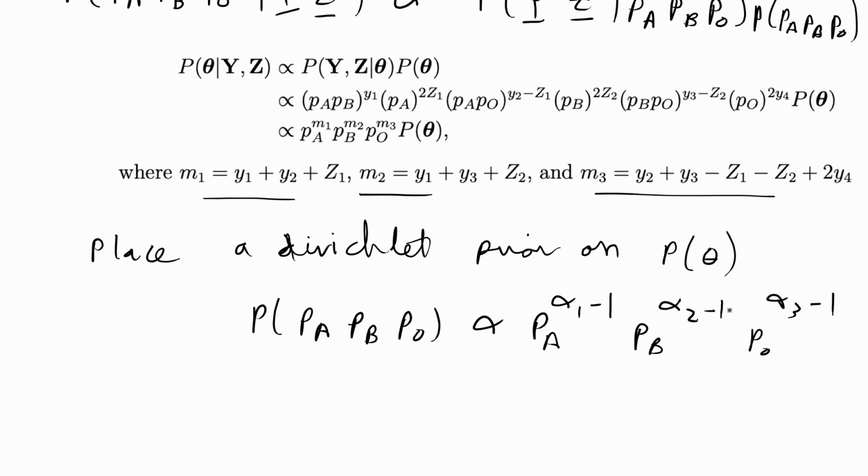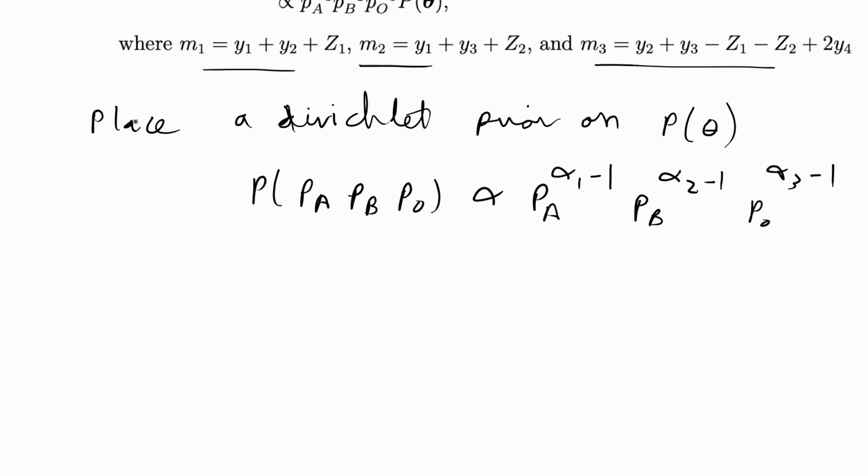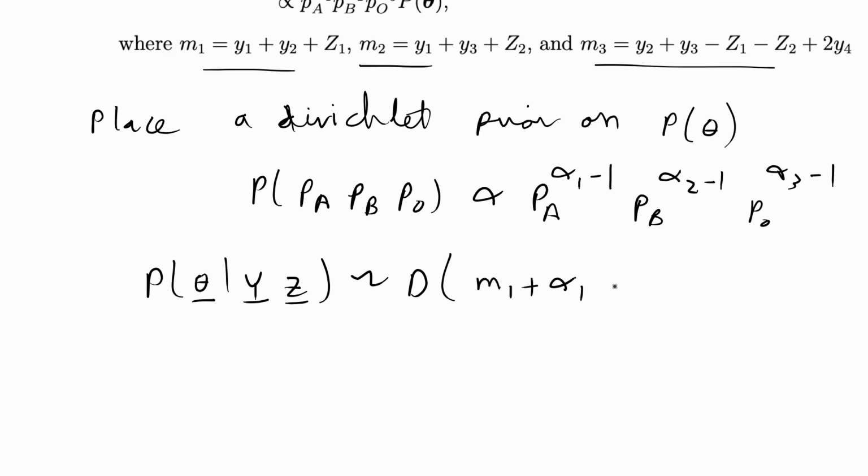By substituting this prior distribution back into the equation for the posterior distribution, you would then get that, and this makes sense because it's a conjugate prior, the posterior distribution would also be distributed as a Dirichlet distribution. So now we're going to have that the probability of theta given Y, Z is Dirichlet distributed with parameters M1 plus alpha 1, M2 plus alpha 2, and M3 plus alpha 3.